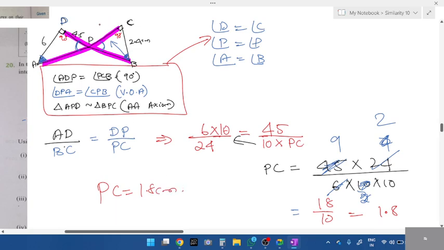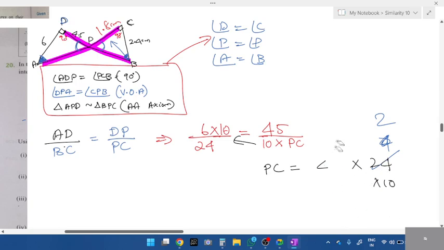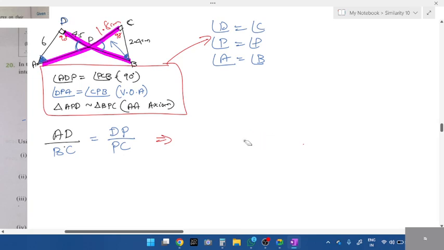Response, students. Which is 1.8? PC is 1.8. Now, which side is pending? Tell me. In the first triangle, what about it is completed? Okay, what is the PC value we got, students? PC is 1.8. Now look here.